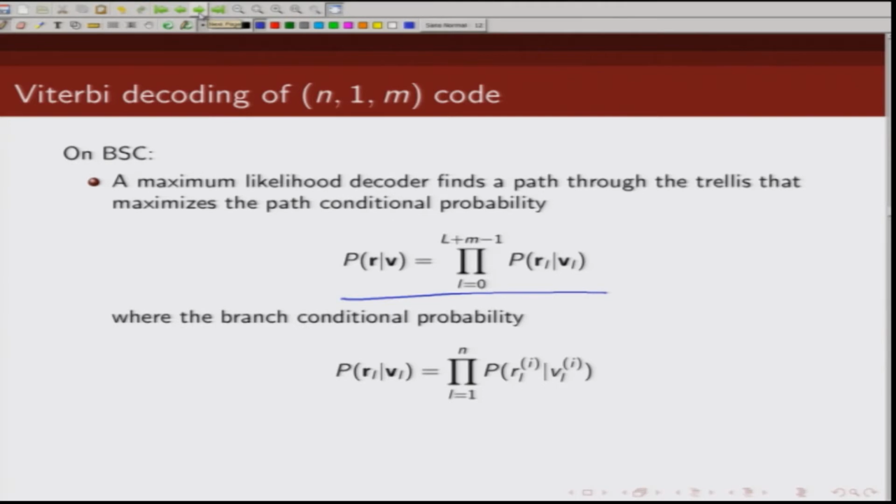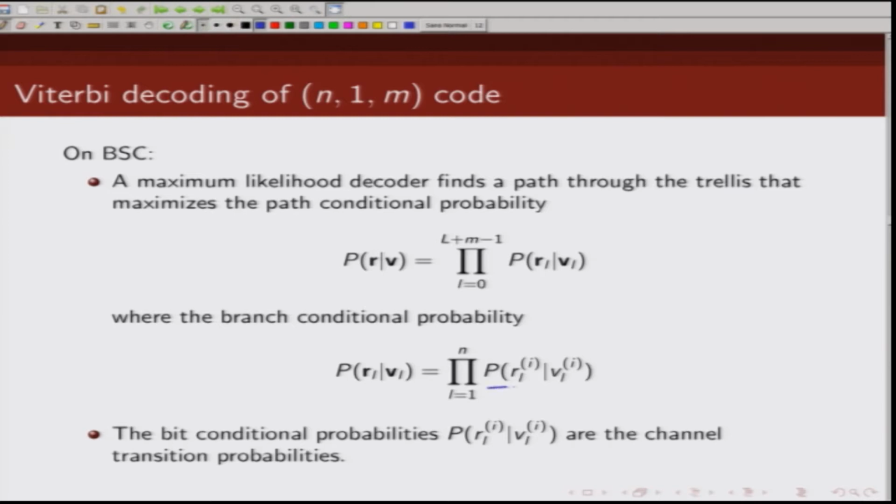Since it is a memoryless channel, we can write this probability of R given V in terms of these Ri's and Vi's like this, and this can be written further in terms of the bit metric, which is given by this.